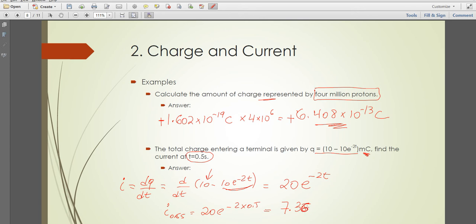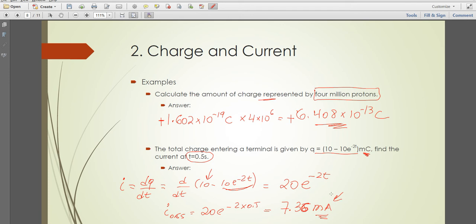I did this exercise, that's why I'm looking at the number. Milliamp, please, because it's millicoulomb here. So it's going to be milliamp. Please, in your exercise, you have to be careful and mention this, because if you don't mention that unit, it's going to be half mark, not the full mark for you. There's a difference between amp and milliamp.